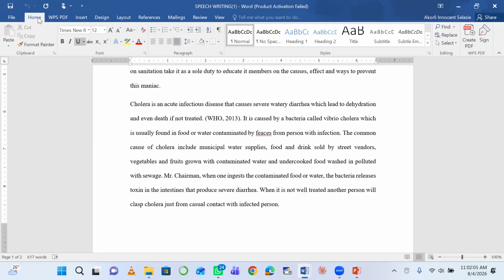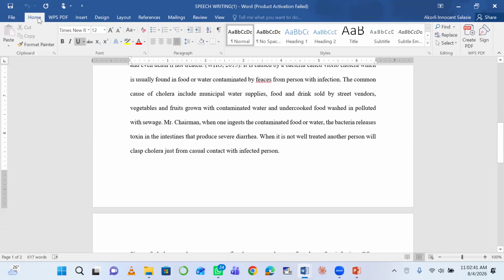The common cause of cholera include municipal water supplies, food and drink sold by street vendors, vegetables and fruits grown with contaminated water, and uncooked food washed in polluted with sewage. Mr. Chairman, when one ingests the contaminated food or water, the bacteria releases toxins into the intestines that produces severe diarrhea. When it is not well treated, another person will collapse the cholera just from casual contact with infected person.